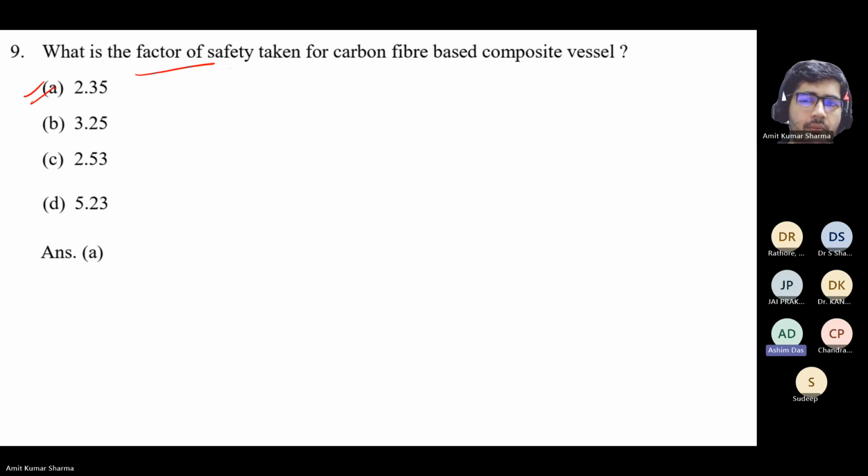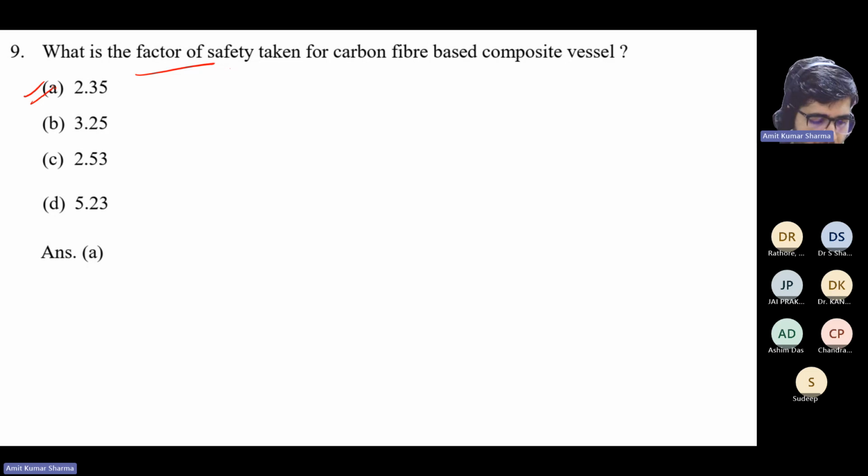If I need, say, 100 kilopascal or KSI, then I should go for a material which is giving at least 2.35. This is the margin over the design requirement.